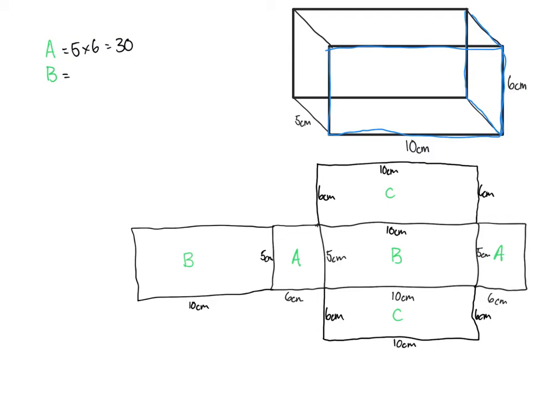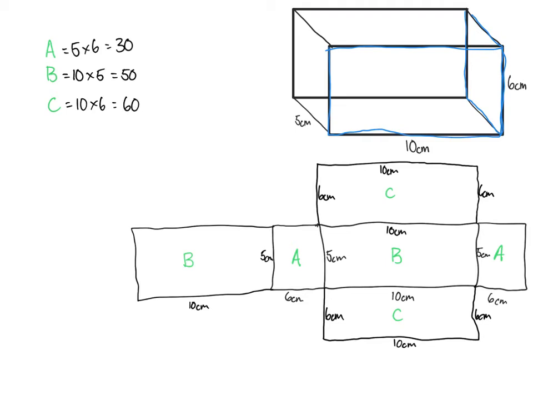So these pieces are 10 by 5, which gives us 50. So that'll be 50 centimeters squared. Now let's have a look at the C pieces. So the C pieces are 10 centimeters by 6 centimeters, which will give us 60, or 60 centimeters squared.